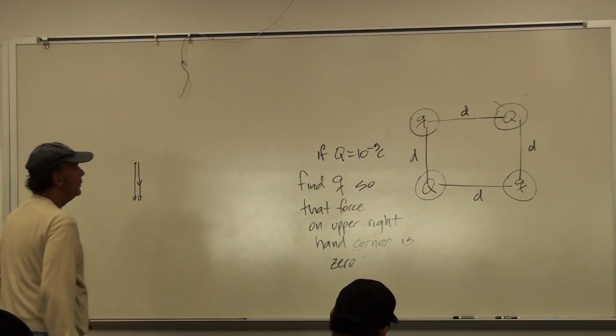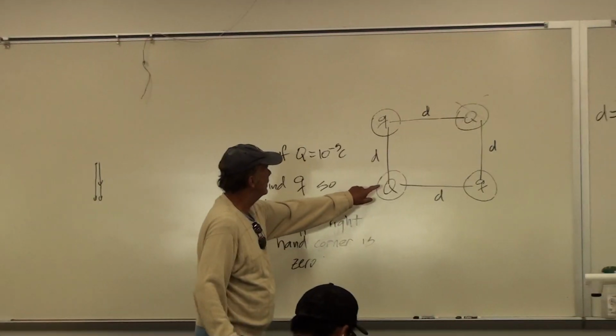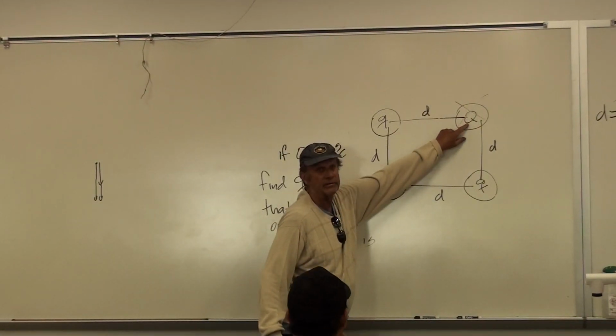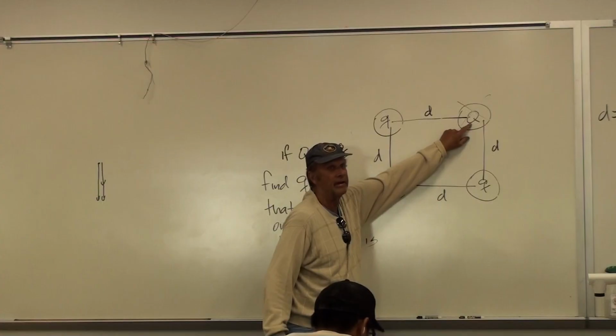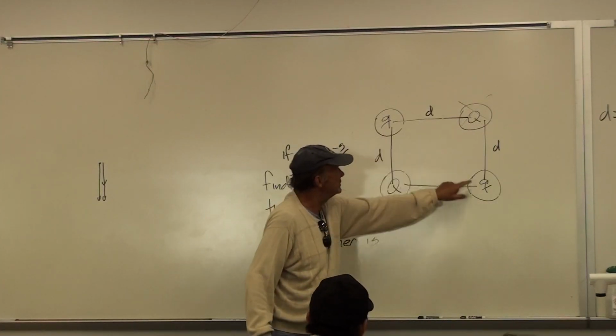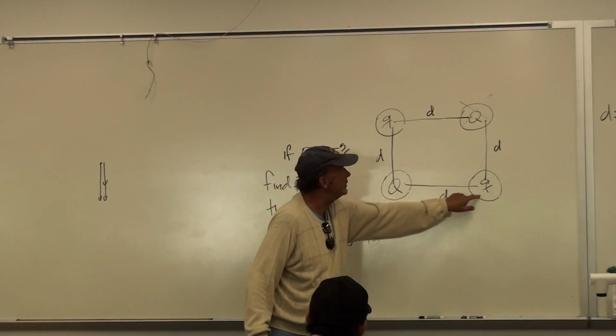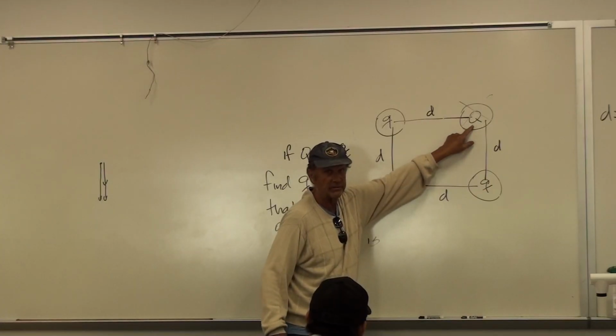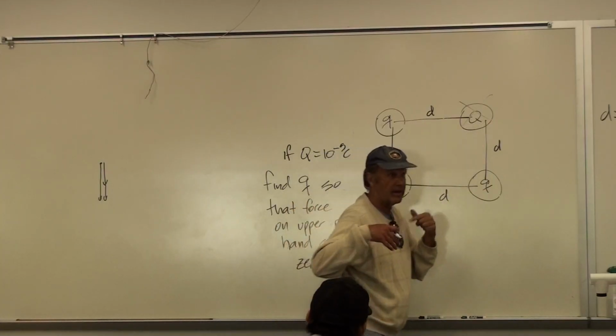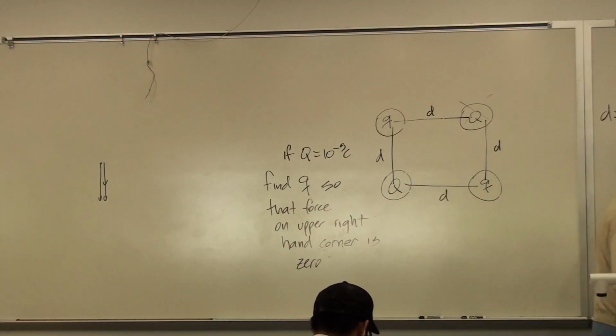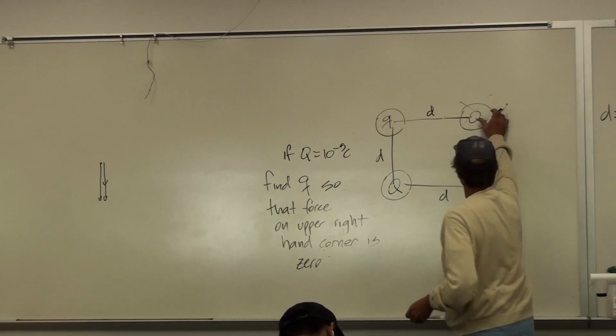Okay, and so what we can work with so far is this force. We know what that force is already. And so then what that tells us is that these 2 together are going to have to cancel out that force. So that's the way that I'm initially conceptualizing the problem. I'm seeing that there's something that's already given. That's the charges in the corners here.